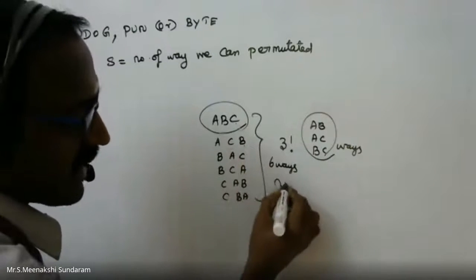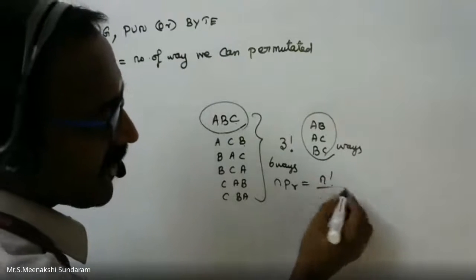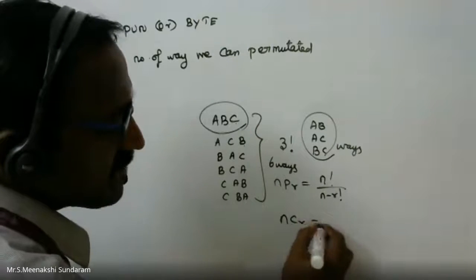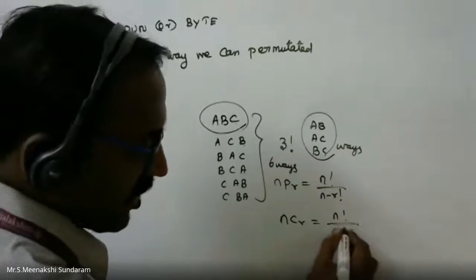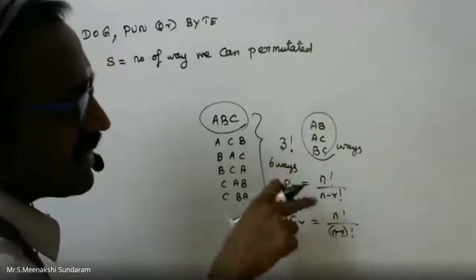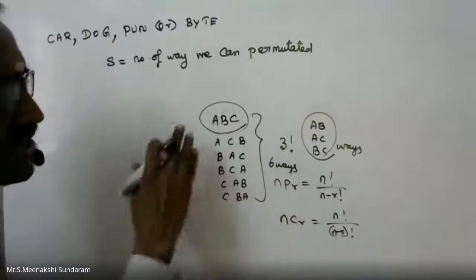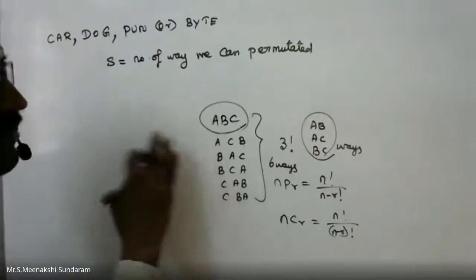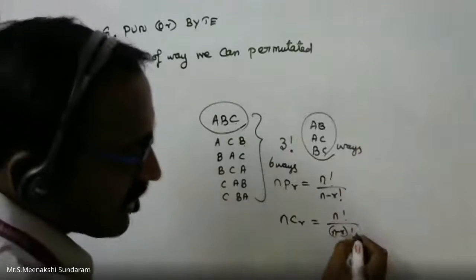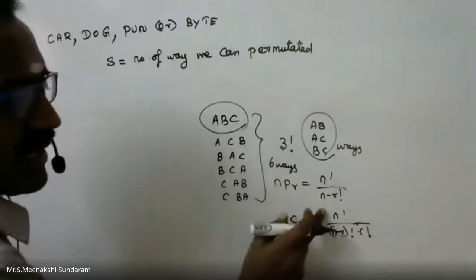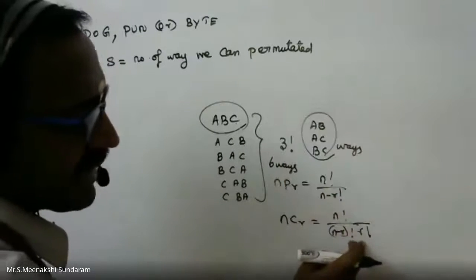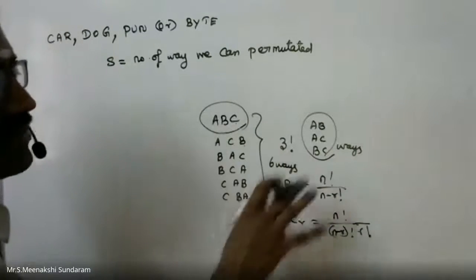That's why the nPr formula is n factorial divided by n minus r factorial, and the nCr formula is n factorial divided by r factorial times n minus r factorial. In arrangement, AB and BA are different, but in selection, both are the same. That's why for repetition we divide by r factorial.